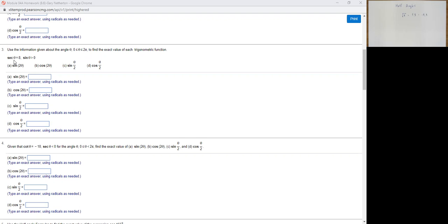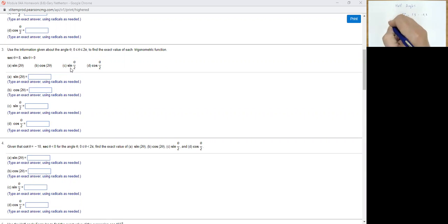Now they tell us that the secant of theta is 8 and the sine of theta is greater than 0, or sine of theta is a positive number. And then they ask for these things. Now we're looking at part C and D, and actually we don't even need to calculate both of these. We'll just look at calculating C, sine of theta over 2.